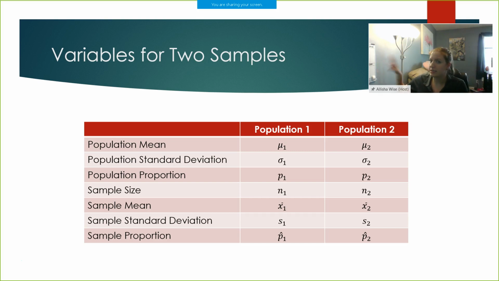N2 would be the 36 students I have in my second class. So the two different group sizes. Now the two sample sizes can be the same. For dependent groups, they definitely have to be the same because you actually have to match them up, which we'll get to in tomorrow's example.